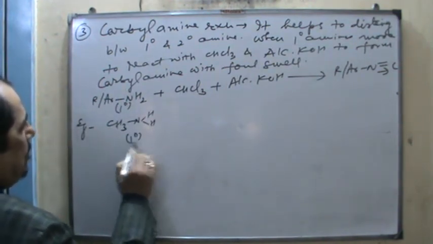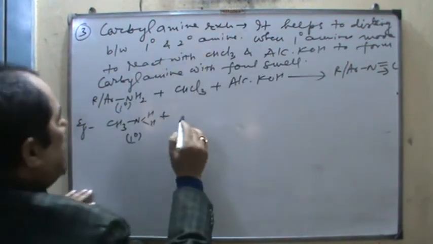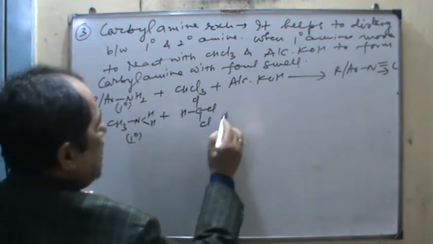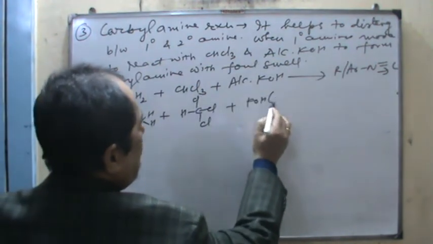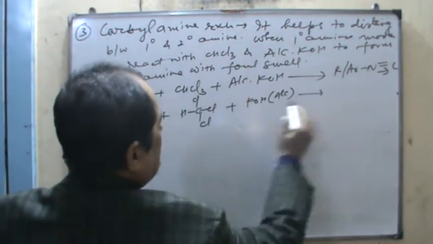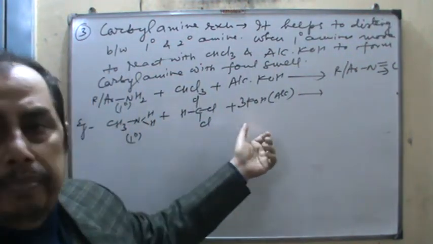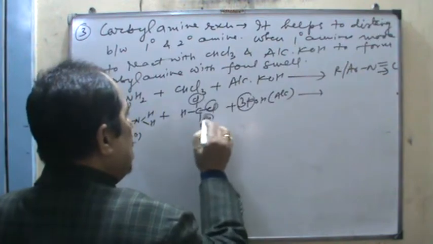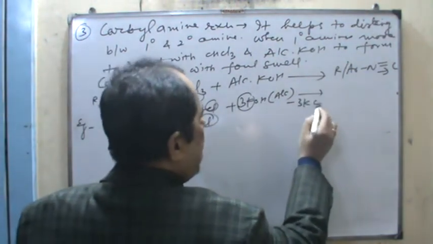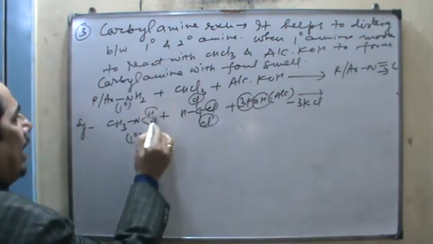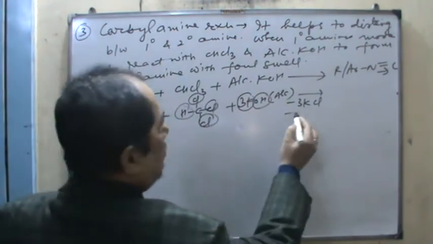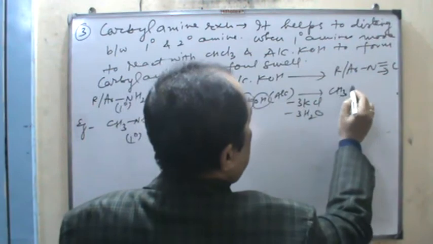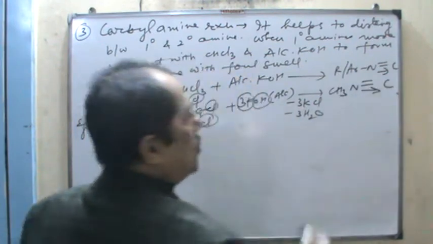It is 1 degree amine, plus I take chloroform CHCl3 plus alcoholic KOH 3 times, 3K and 3 chlorines are lost, minus 3KCl, and hydrogen, hydrogen and hydrogen are lost. That means 3 water molecules are lost. Then CH3 and double bond and coordinate bond C.